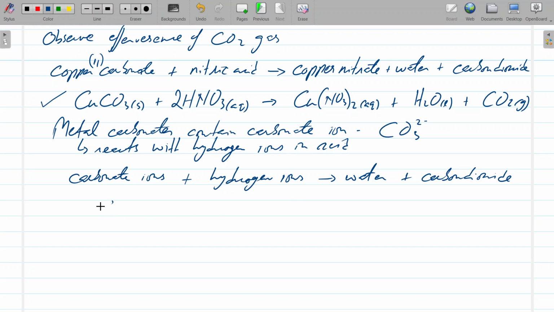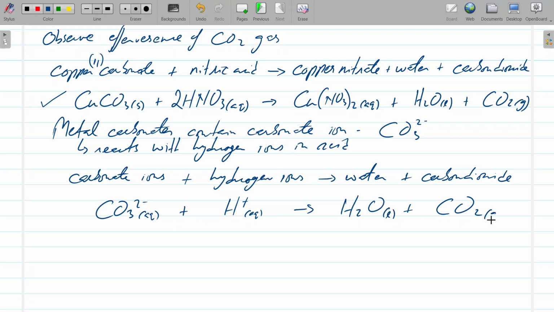So you have CO3 2 minus plus H plus, giving you H2O plus CO2. This is aqueous, so is this. And then you've got water, that's a liquid, and carbon dioxide, that's a gas.